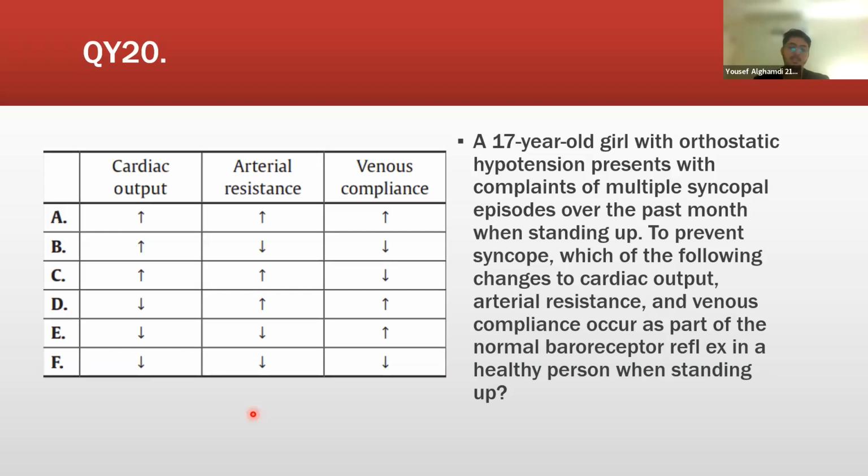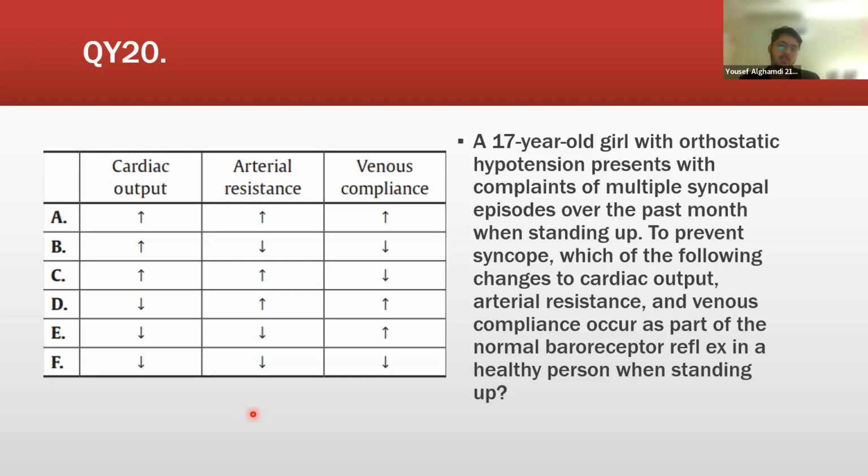So upon standing up from a sitting position, the CVP immediately drops and the blood pools in the extremities, right? This triggers a decrease in baroreceptor activity, and because of the low blood volume and pressure in the thorax, this will increase sympathetic output. So this will vasoconstrict, so this will increase arterial resistance. And if we increase sympathetic output, you will also increase cardiac output as it has a positive inotropic and chronotropic effect. And since you're increasing sympathetic, again, you're increasing arterial resistance.